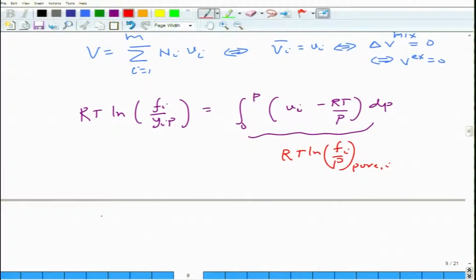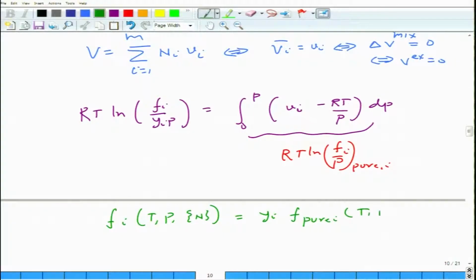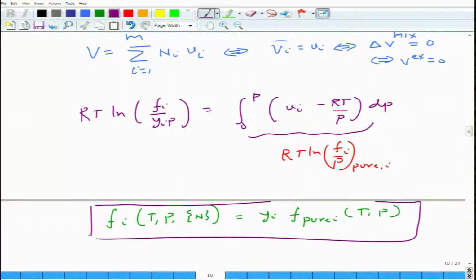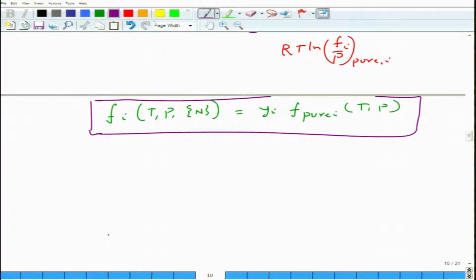Now if you simplify, what you get is the following expression: fi at T, P, and composition is yi times f pure i at T, P. Okay, this is nothing but the Lewis fugacity rule.